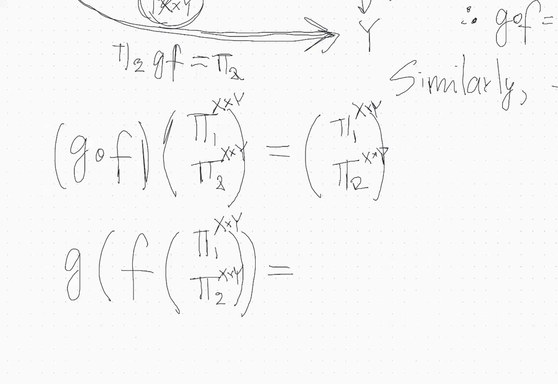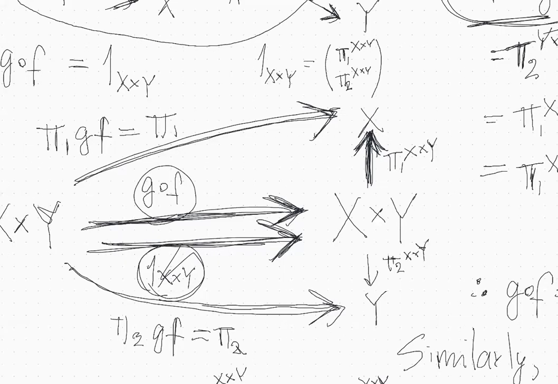Yeah, exactly. So we get G composed with pi2 y cross x. No, wait, something is wrong. Isn't it pi1 of y cross x? Let's see again. So here is our f, right?